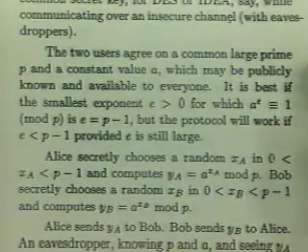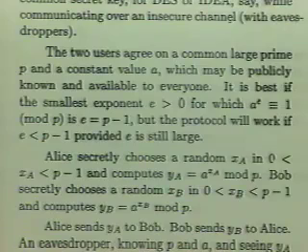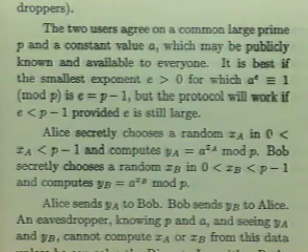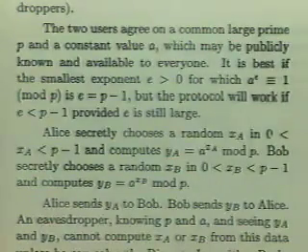Okay, so Alice and Bob agree on a common large prime P, and also a constant value A. A and P are publicly known. Everybody can use them. It doesn't matter. If you choose, say, a 200-digit prime, and you choose a random number A, that will probably be good enough.